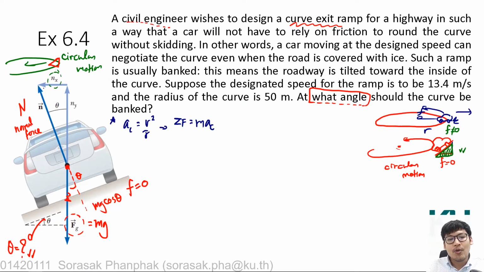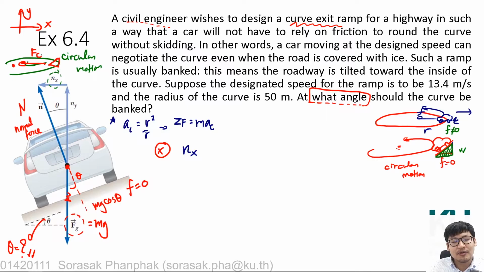So if we think of this system and design the axes like this, with upward as the y-axis and right, or maybe left, as the x-axis, if I look along the x-axis, what you see is n_x, the direction pointing toward the center of the circular motion.